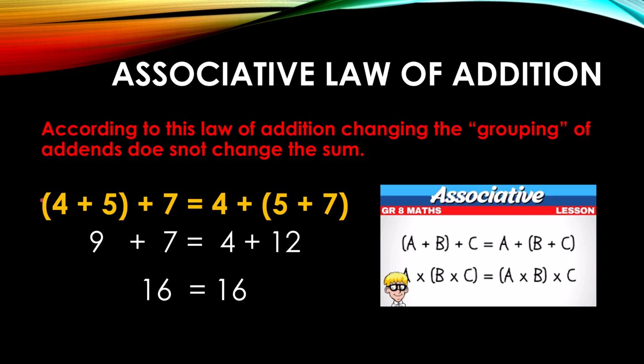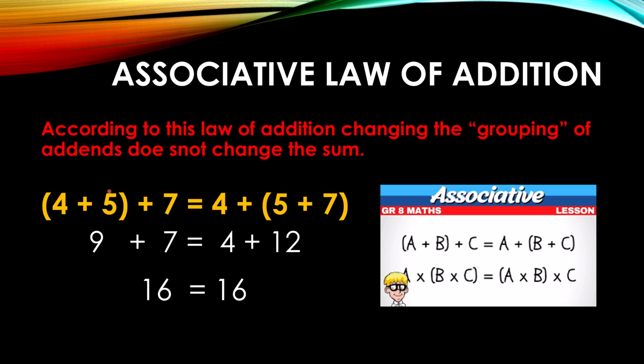First of all, we will solve the integers inside the parentheses. 4 plus 5 is 9, then plus 7. And here 4 plus, now we will solve this portion, 5 plus 7 is 12. This is the second step. Now we have removed the brackets. Now let's see whether both sides have the same answers or not. Yes, 9 plus 7 is 16 and 4 plus 12 is also 16.